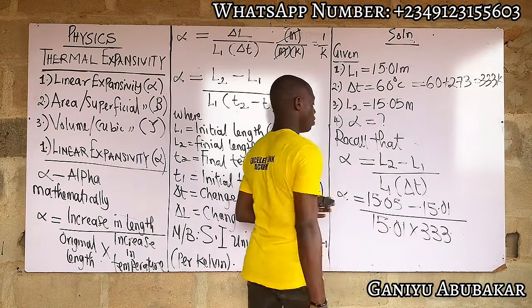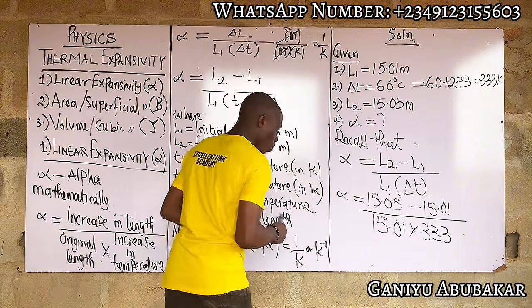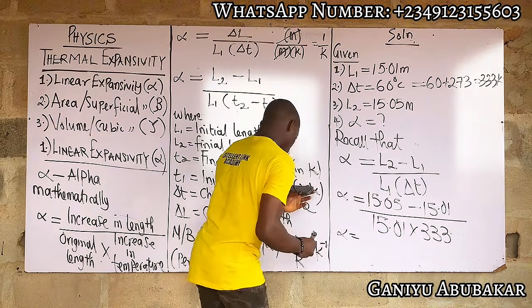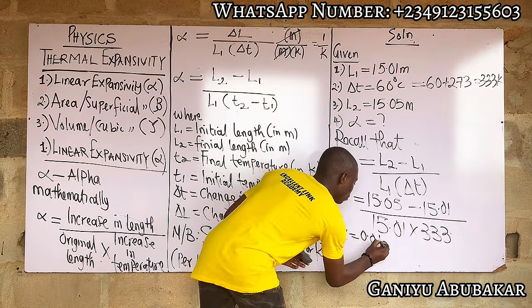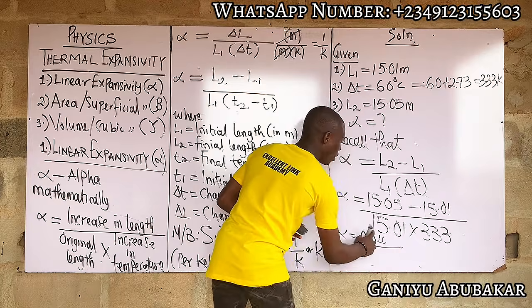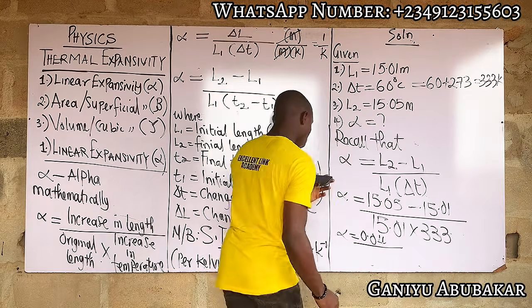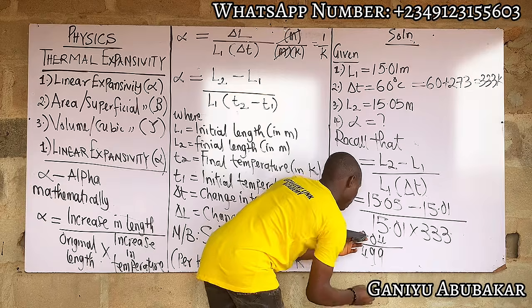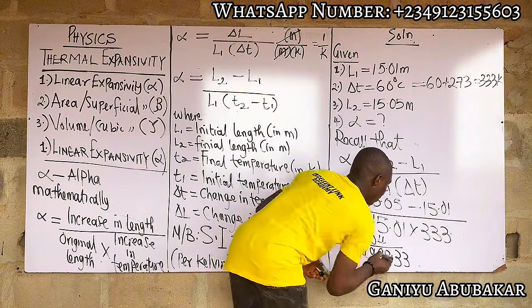If I subtract the numerator, I'll have 0.04 all over, multiplying the denominator, I'll have 499.833.